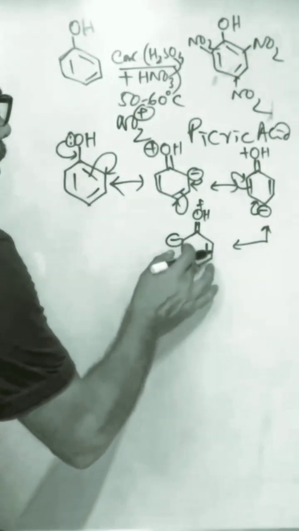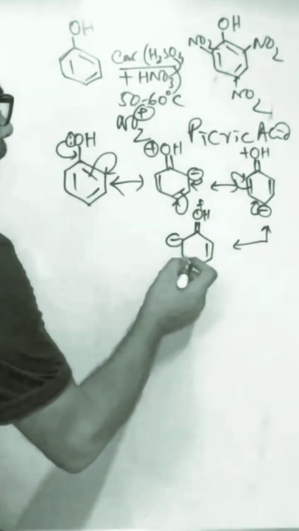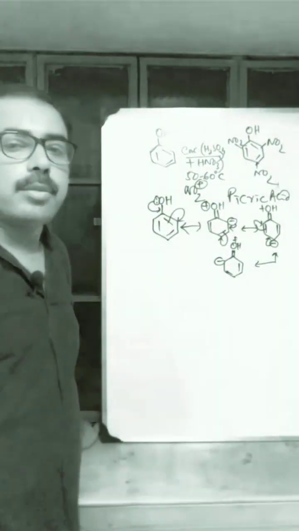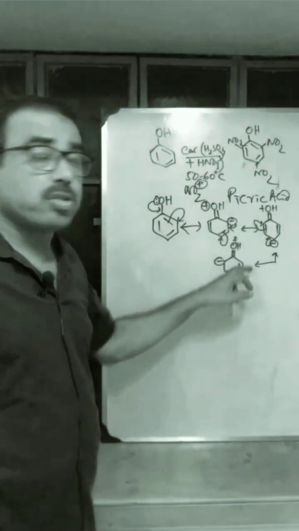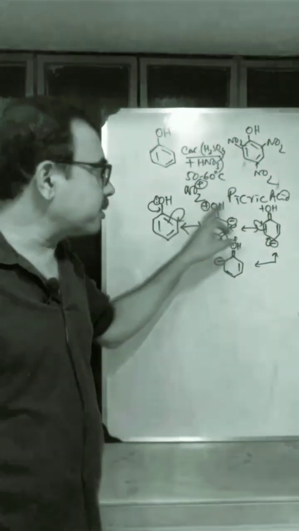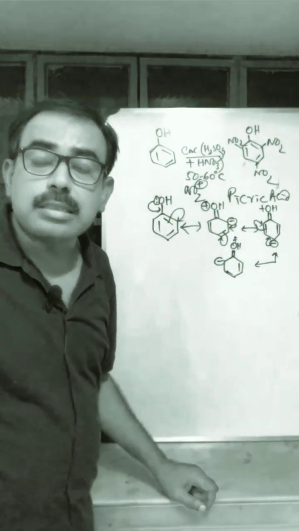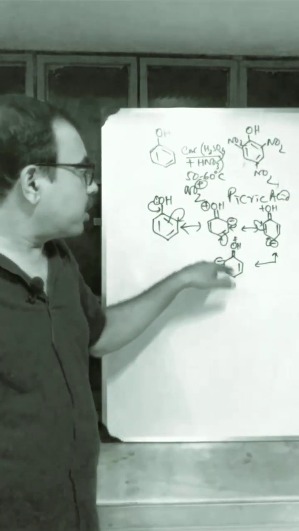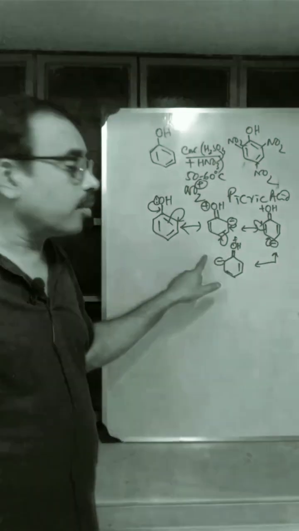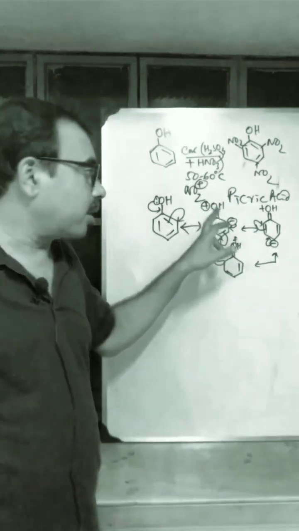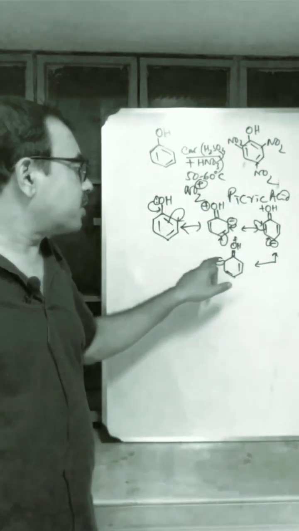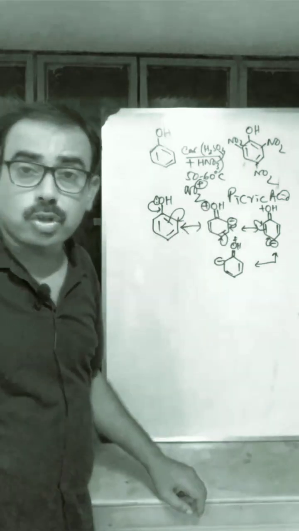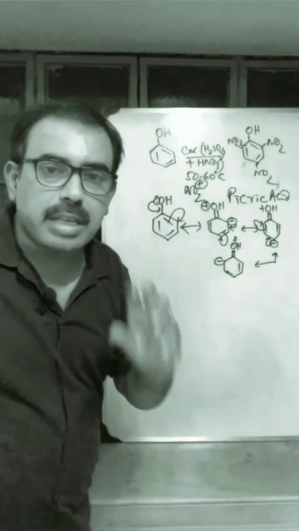Now phenol is actually a resonance hybrid of all these resonating structures. Where phenol is present, all these resonating structures are present. We can see that at these three particular carbon atoms, the 2, 4 and 6 positions with respect to the OH group, negative charge is accumulated.